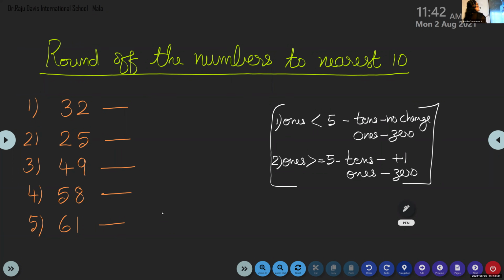Yes, Janita. What is to be done first in the first one, my dear? What is the first step? You have to underline the ones place. Now, whether it is greater than or equal to 5, which rule is to be followed?